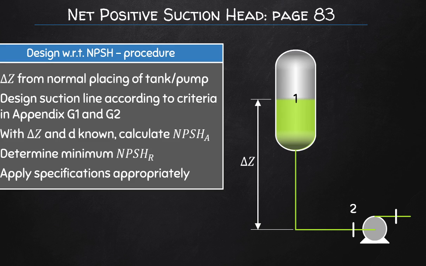Now, with the elevation and diameters known to us, we go on to calculate the available net positive suction head and then determine what requirement we have for the net positive suction head when choosing a pump. Okay, so hereafter we can decide on the pump that we require using the design specifications that is needed for the plant to operate sufficiently.